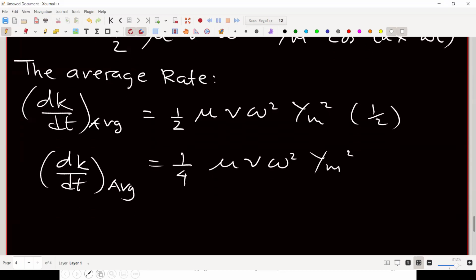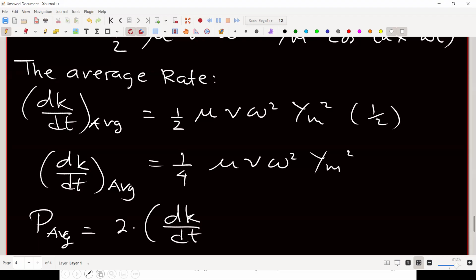And then if you want to calculate the average power, P average, this one is 2 times the dK/dt average. So it becomes half mu p omega square ym square. So we can calculate the average power.